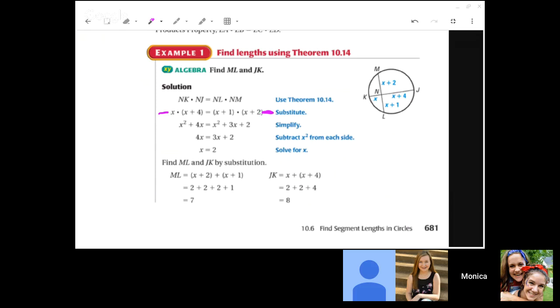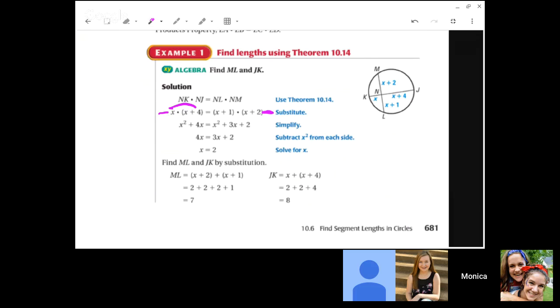You have to multiply the two parts of the two chords times each other, set them equal, and then you can solve for x. So here you distribute the x in. You have x times x is x squared, and then x times 4 is 4x. Now on the other side of the equal sign, we have to FOIL, okay?